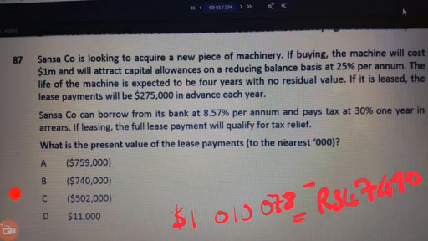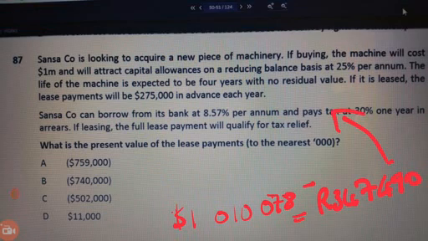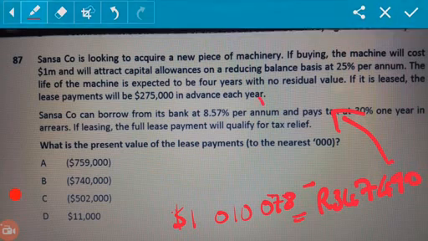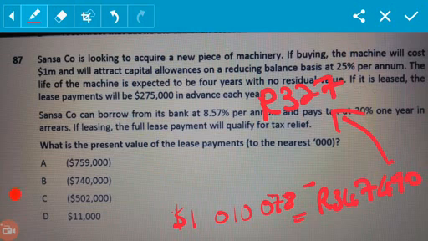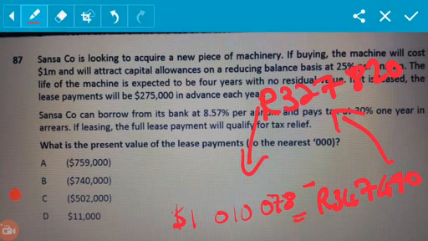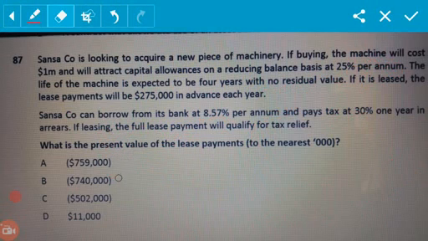Discounted by 1 year at 6% equals 327,820. Now that amount must be subtracted from the earlier amount, and your net value works out to be 740K. Therefore, option B is correct.